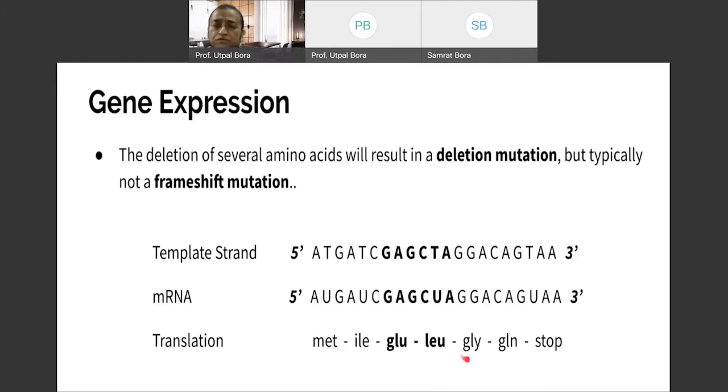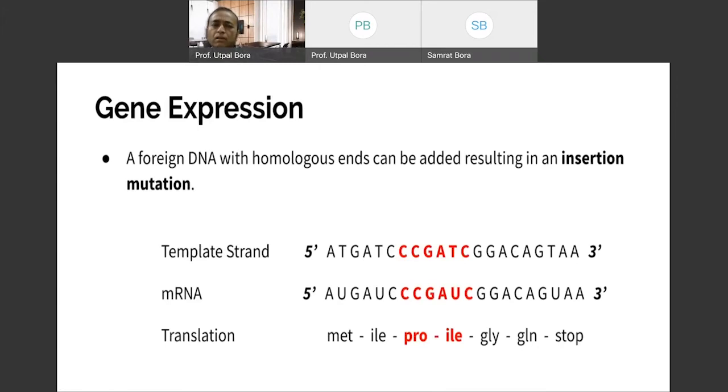So there is no question of frameshift mutation. Now a foreign DNA or a DNA of interest, which can be generated in a synthesizer, can be put in there, and we have our new edited gene, which is markedly different from the existing sequence.